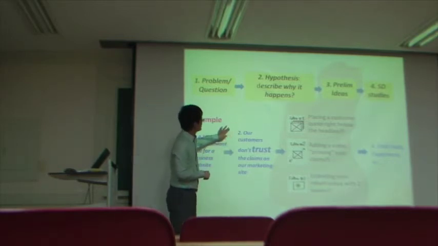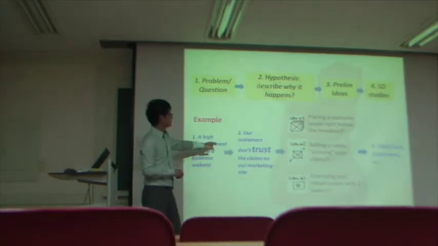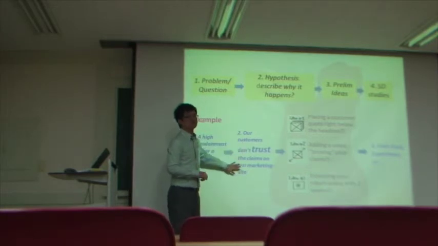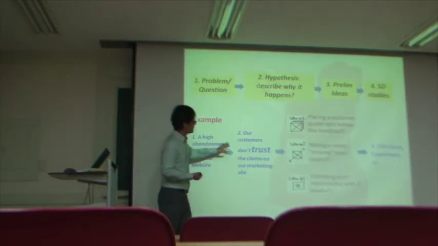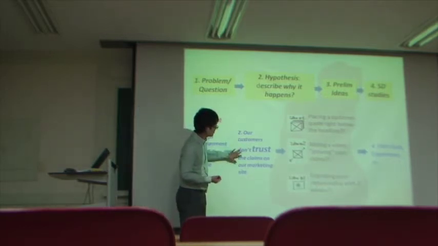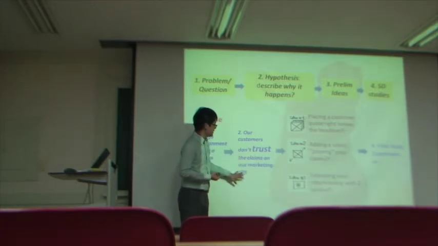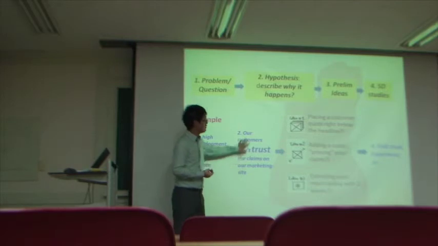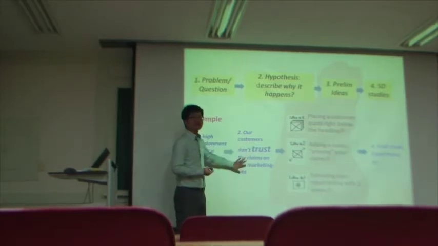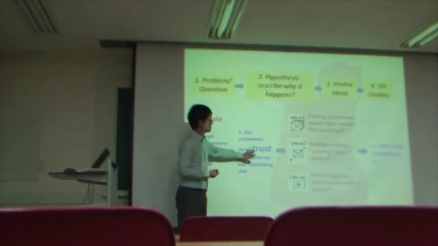Then we form a hypothesis. You may be suspicious about the reason, and you think, okay, maybe our customers don't trust the claims on our website. So you form your hypothesis: I think they don't trust.